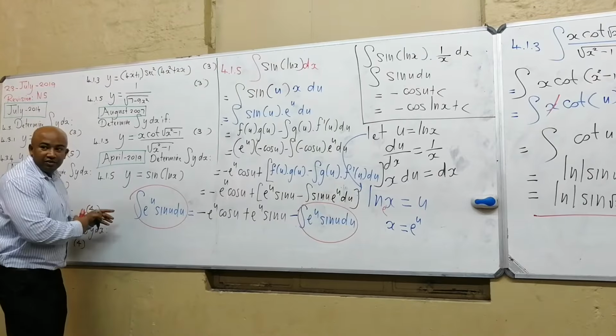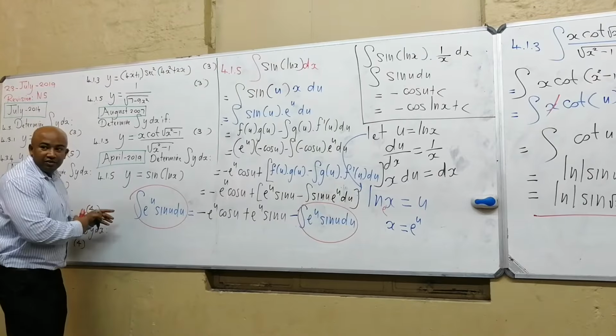So I'm just going to go straight to the final answer. It's not the final answer because we're still going to use substitution. Let me just write it as 2 times the integral of e to the power u sin u is equal to minus e to the power u cos u plus e to the power u sin u.